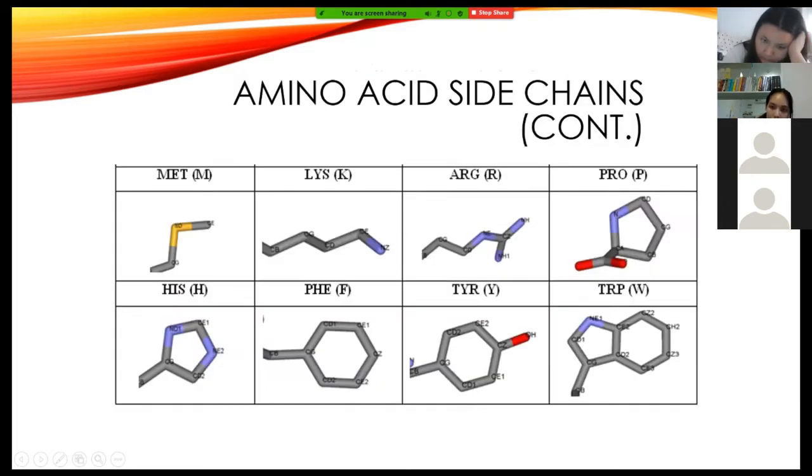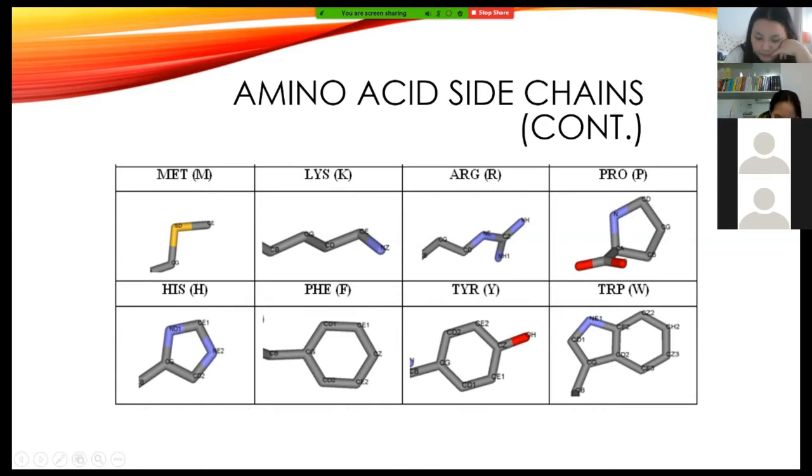So methionine, you can see it has a yellow color, so it has been used in solving structures, such as with selenomethionine. And lysine and arginine have only blue colors, histidine too. So these are positively charged amino acids.